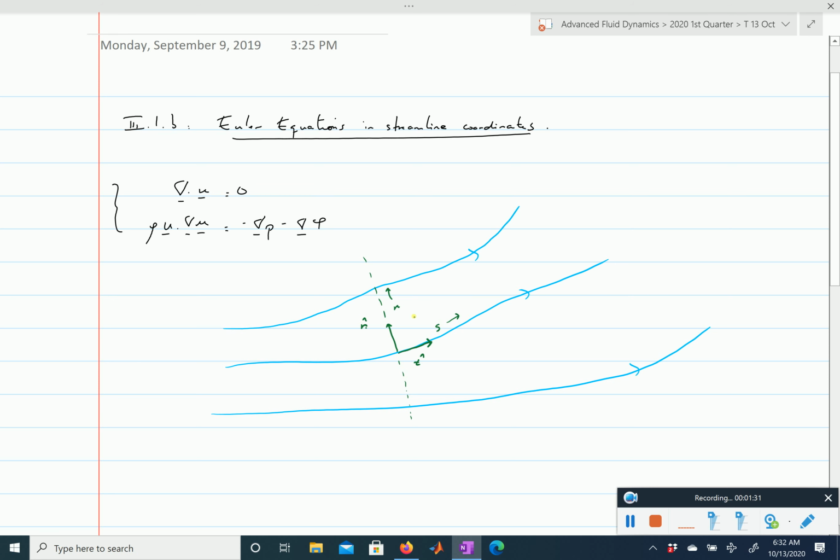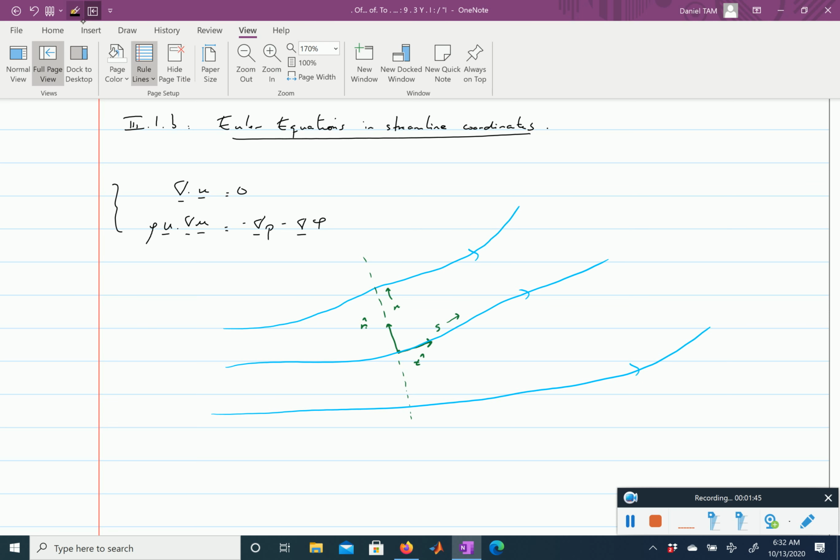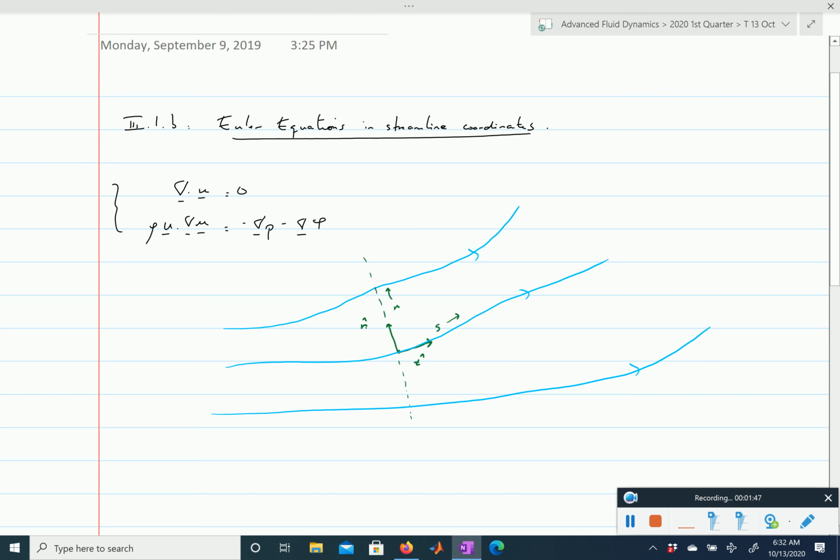You can define a coordinate system locally, which would be called the streamline coordinates. And what mathematicians can do, which is much more differential geometry than what I know how to do or that you actually need, is to rewrite these equations here in streamline coordinates.